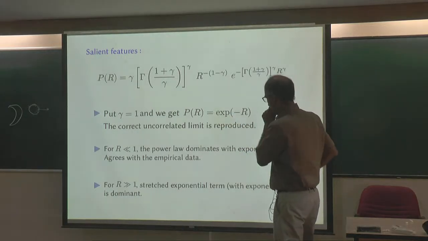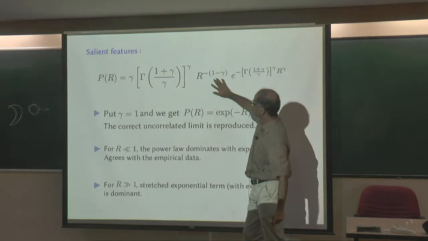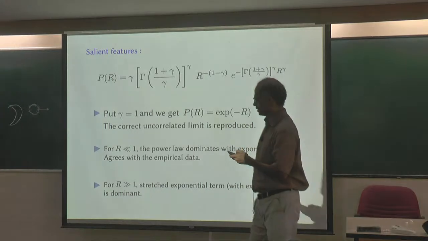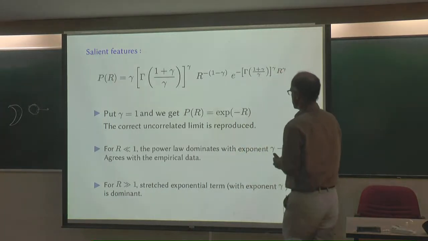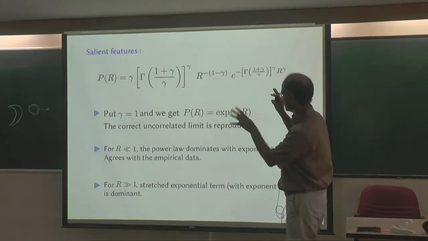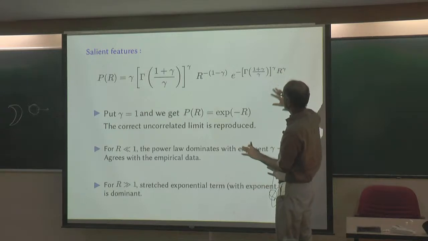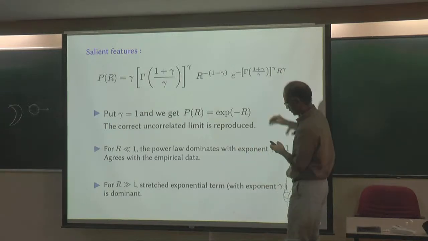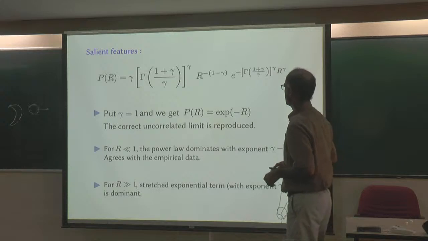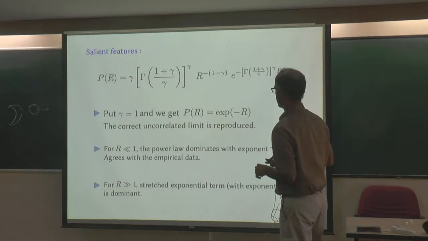Of course, for large values of r, this term dominates, and for small values of r, this term dominates. So essentially, starting from where I began with all these quantum chaos settings, you could get a very useful formula for the recurrence distribution of extreme events for a univariate time series.